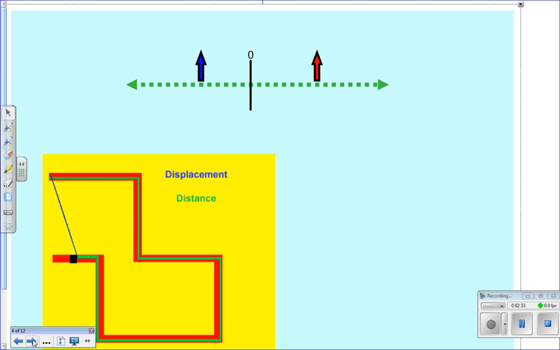So first of all, let's take these red and blue arrows up here, for example. If I wanted to measure, and we're just going to use the dashed green line here, this red arrow has a distance of 8 meters from the reference point.